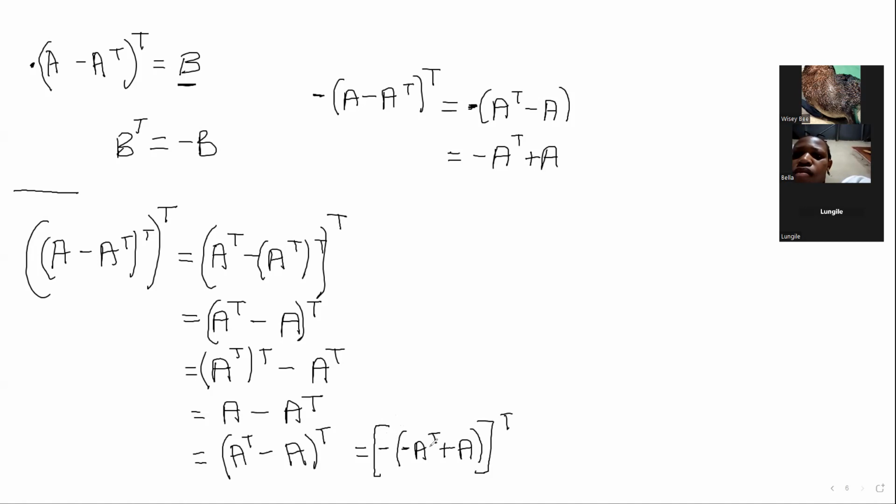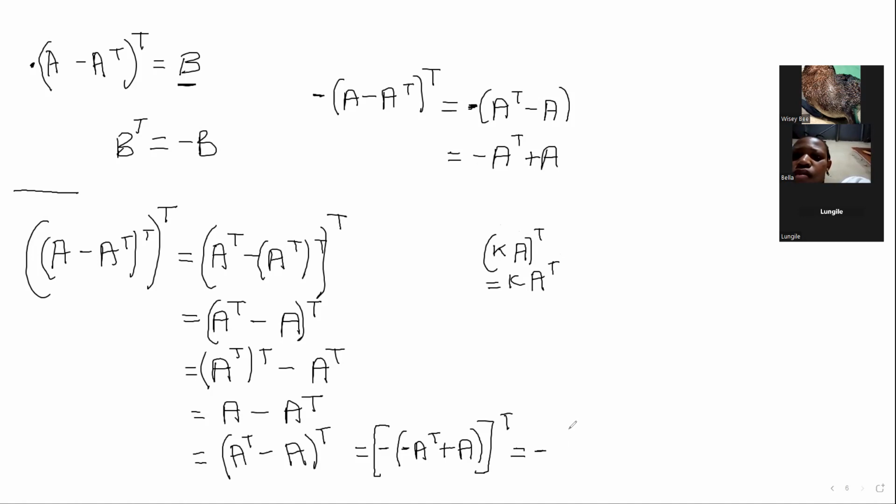If you distribute the negative, it becomes AT, and then negative A. It's this rule: K being a constant, any number, K A all to the T is equal to K A T. So if I distribute this T, it's not going to affect the negative.